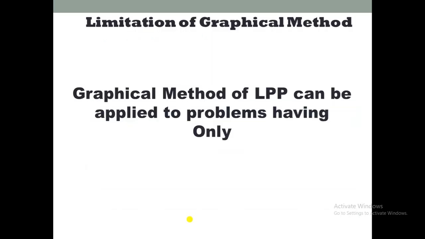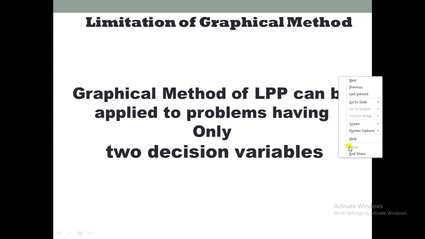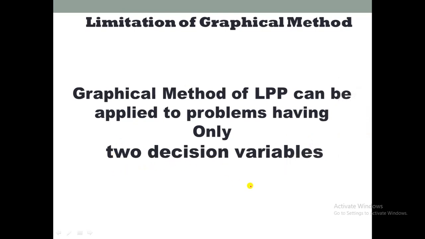Now, the first and basic limitation of the graphical method is this. We know that apart from the graphical method there are other methods also by which we can solve the linear programming problem, but still we prefer the graphical method here. The reason behind using the graphical method is that it gives the solution in the shortest possible time.